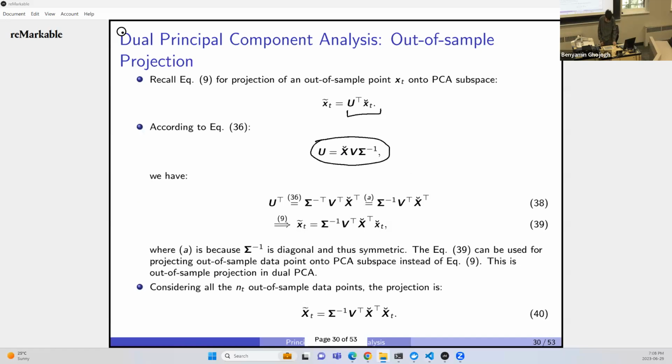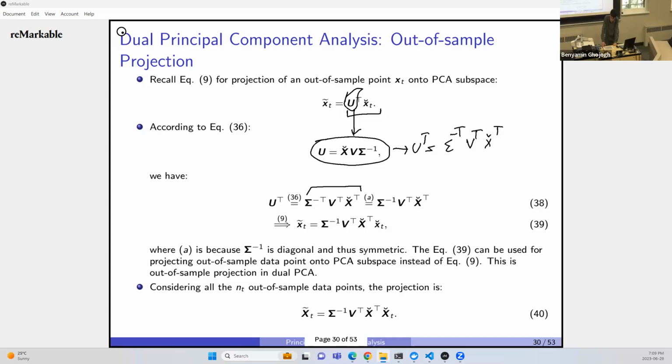So let's replace this U here with this equation, and we have U transpose. Therefore, let's transpose this U. So we will have sigma inverse transpose V transpose X back hat transpose. So this is exactly what I have written here, right?